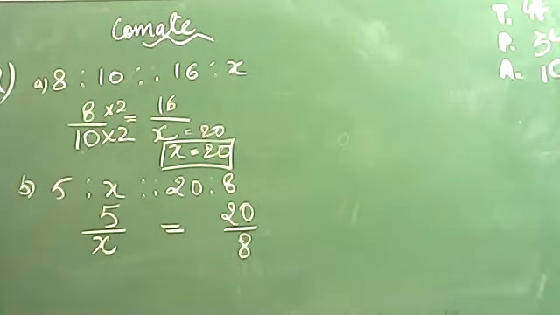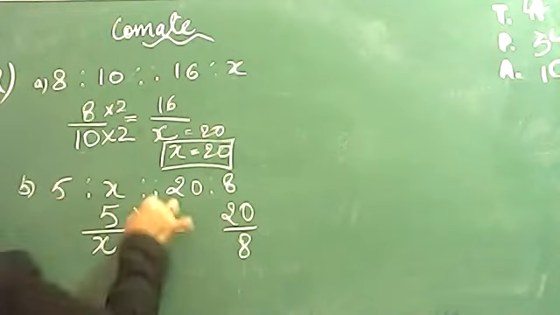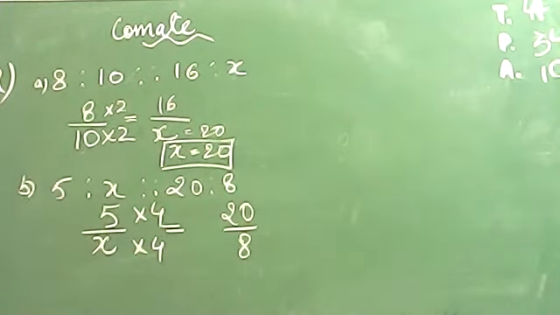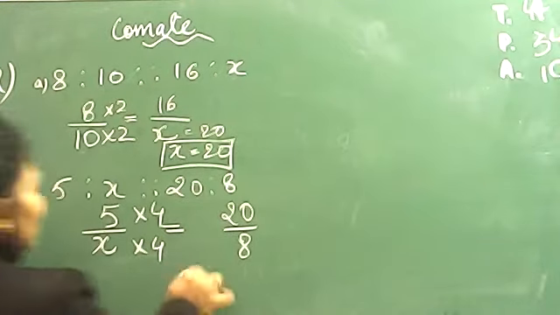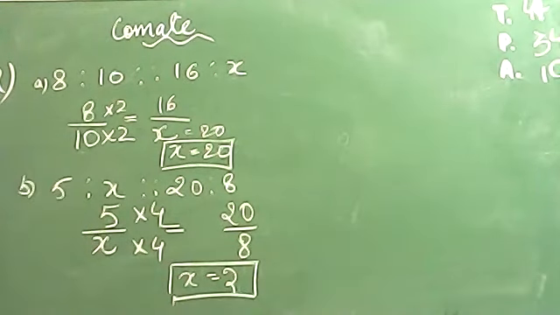In between the sign will be equal. Now you can see how 20 came from 5. Multiply by 4. So which number will you multiply with 4 to get 8? 2, because 2 fours are 8. So that means the x value is 2 in this. So these two questions are solved by us. You can also use the method of product of means and product of extremes. You can multiply the extremes and divide by 20. Then also you will get the answer.